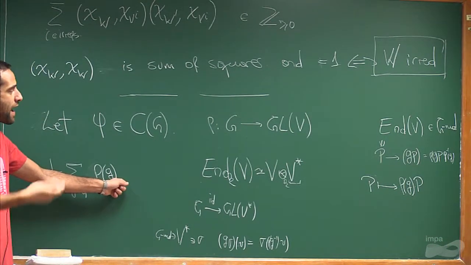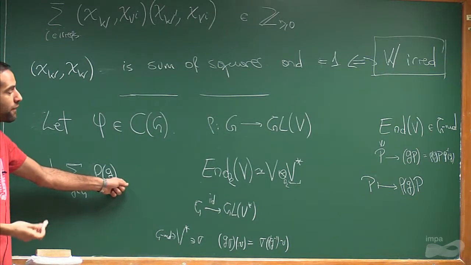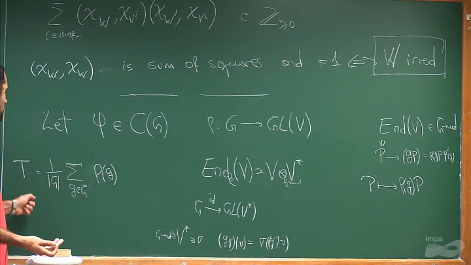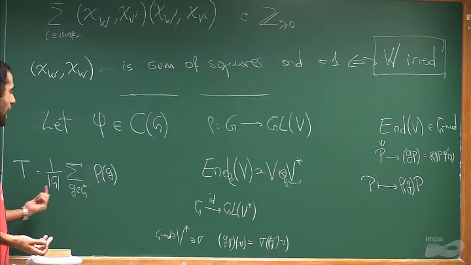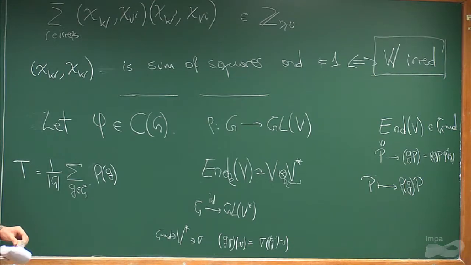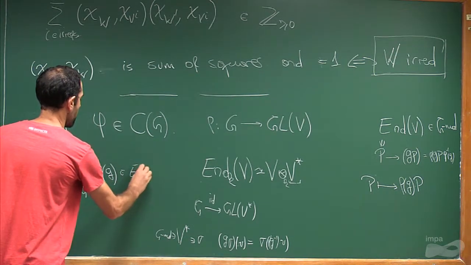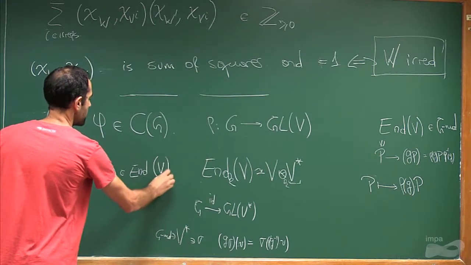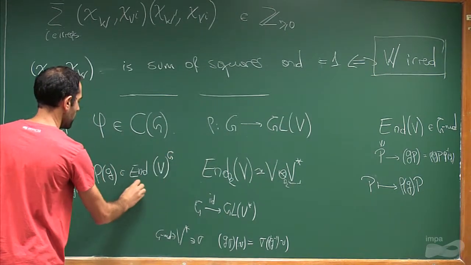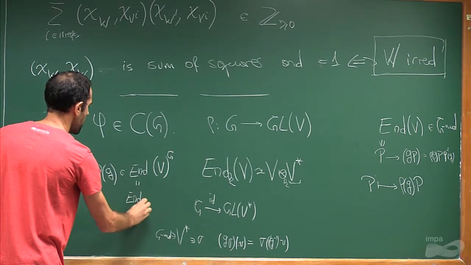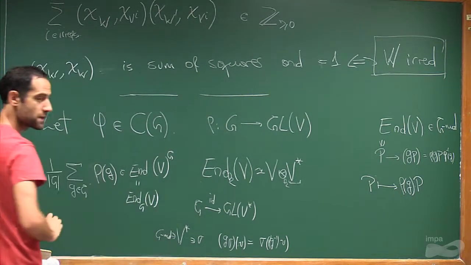In endomorphisms of V, I have only one marked vector, well, I have two: the zero vector, and the identity of V. And this is the orbit of the identity by the action of G on the left. Therefore, this guy is an endomorphism of V, but it's invariant. And remember that the invariant endomorphisms are the same thing as the endomorphisms in the category of G modules.